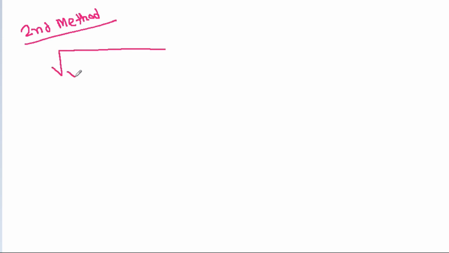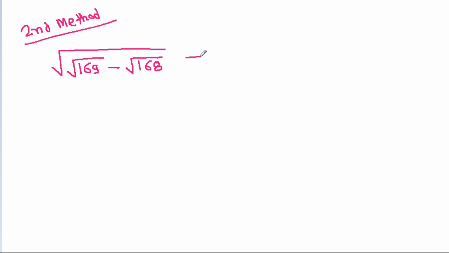And the second method. We have to find the value of the square root of (√169 − √168).